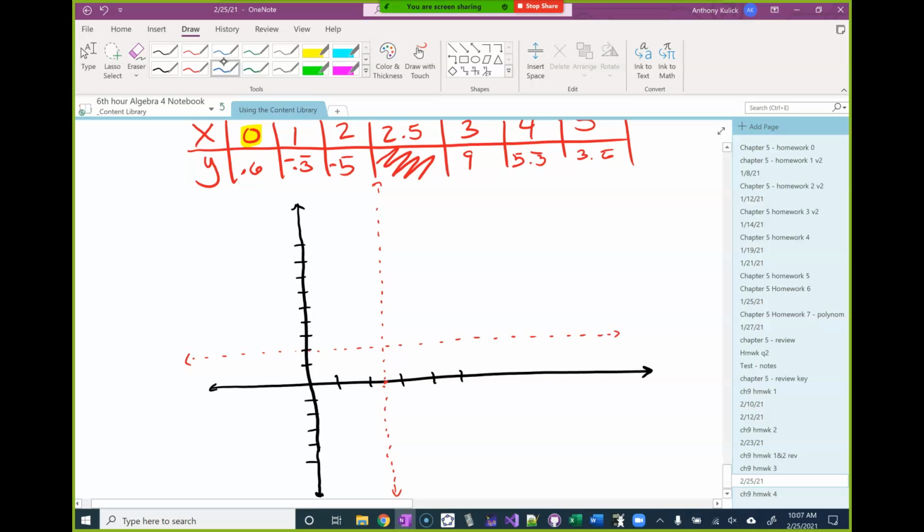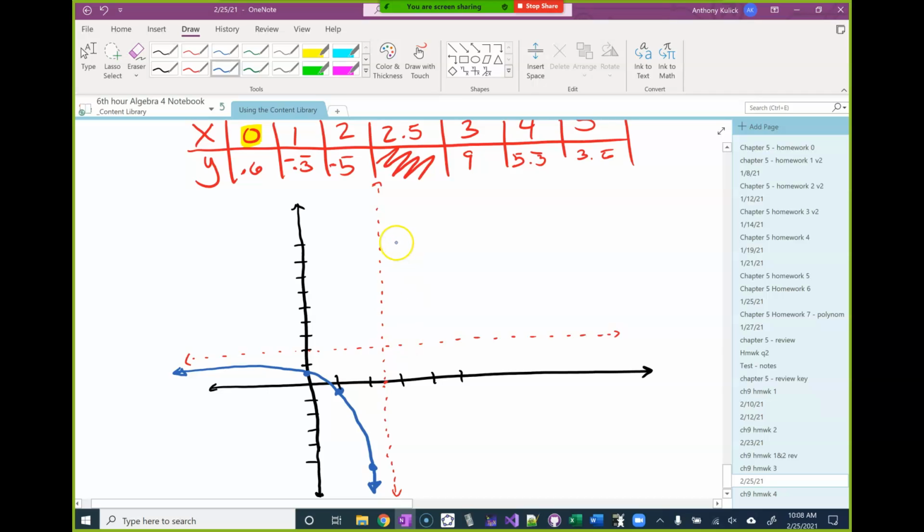And then I can start plotting my points. So I have 0 and 0.6, 1 and negative 0.3, and then 2 and negative 5. So there's one arm.